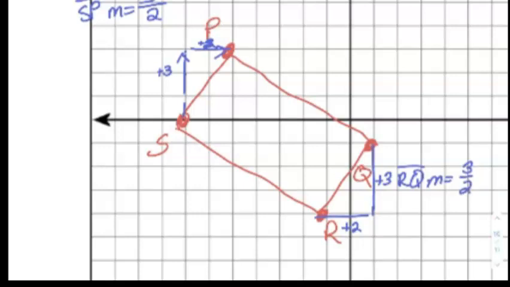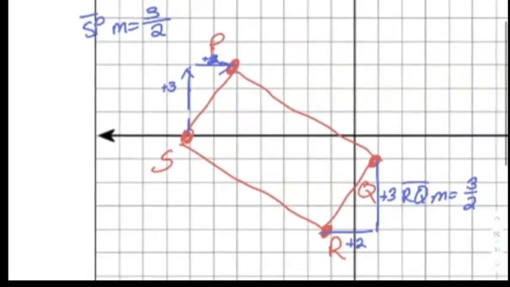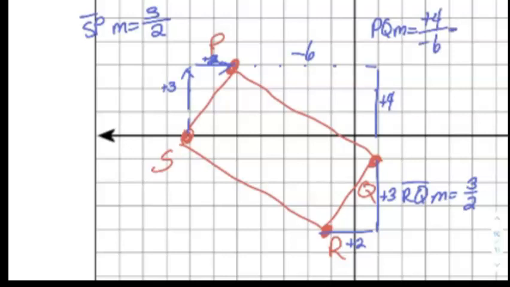And we could do the same thing here for PQ. So we're going up 4 and to the left 6. So PQ has a slope of up 4 and to the left 6, which simplifies to a negative 2/3.